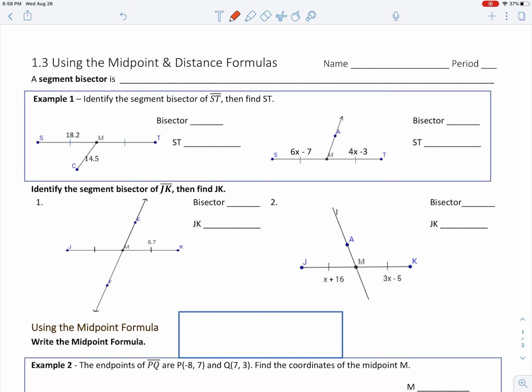So we've been talking about the midpoint of 2 points and the distance between 2 points. A segment bisector has the prefix bi meaning 2 and sector meaning cut or sectors.